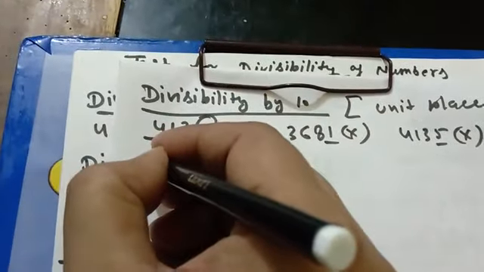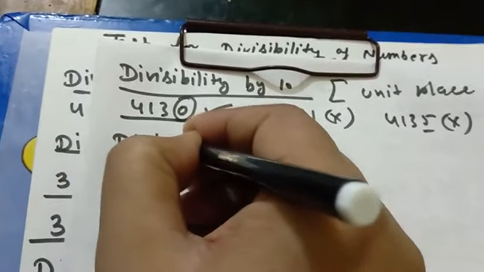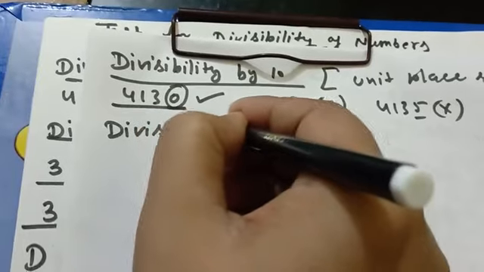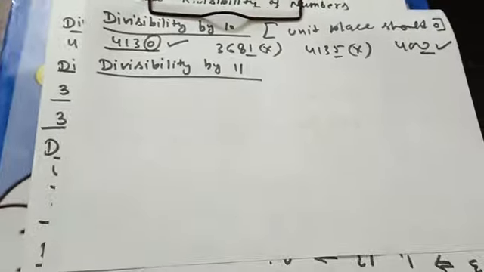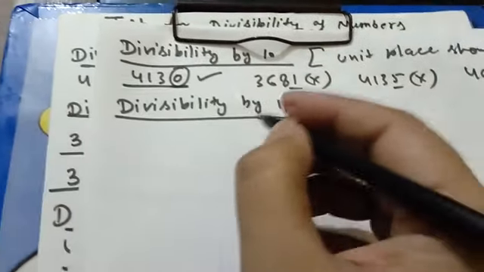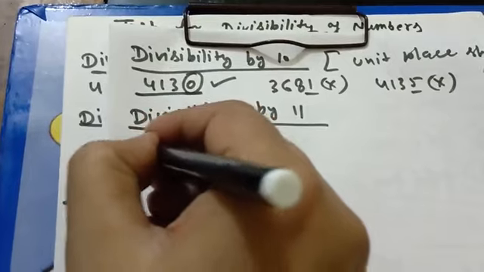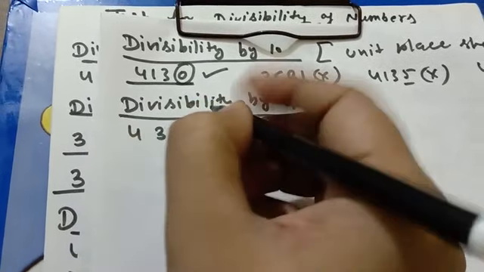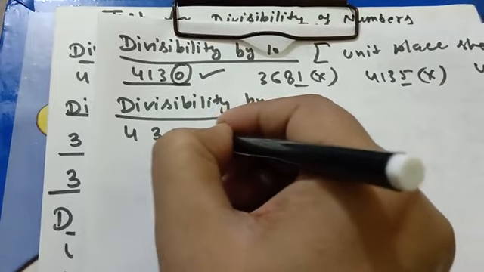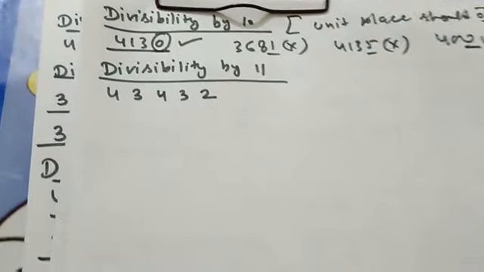Now test divisibility by 11. Divisibility by 11. In this way, suppose that I take some numbers. I have taken some numbers.